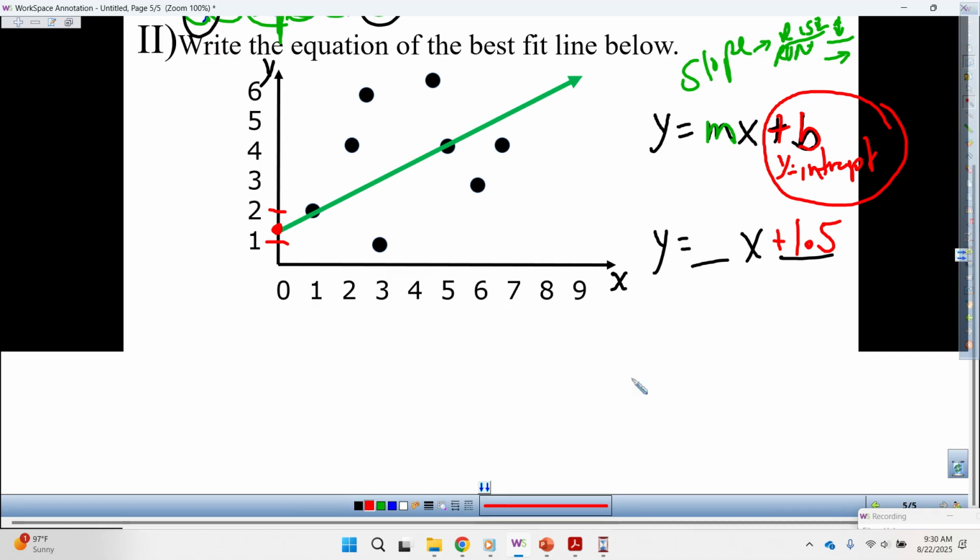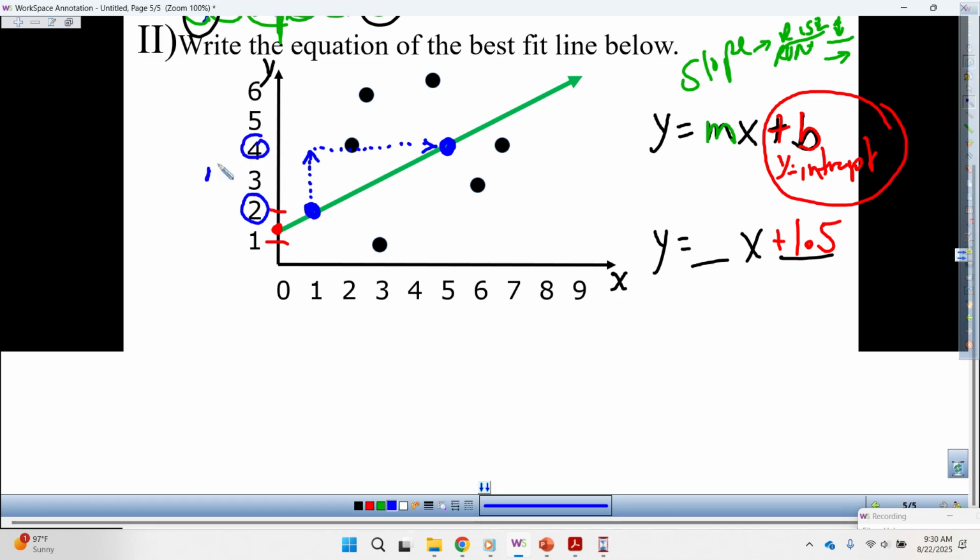To find the slope, I need to go from one point to another that are on the line. So I'm going to pick this point and this point. I go either up or down; in this case, I go up and then make a right turn and go to that spot. Where am I here at this point, and what am I going up to?